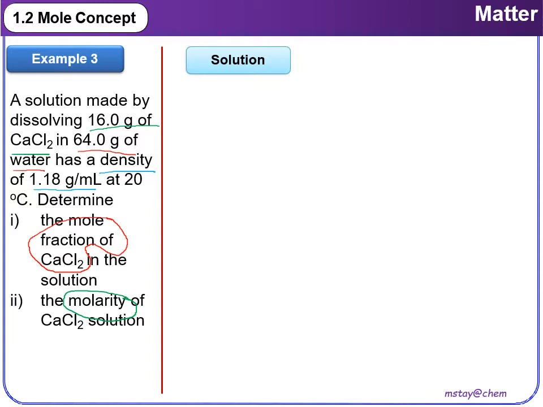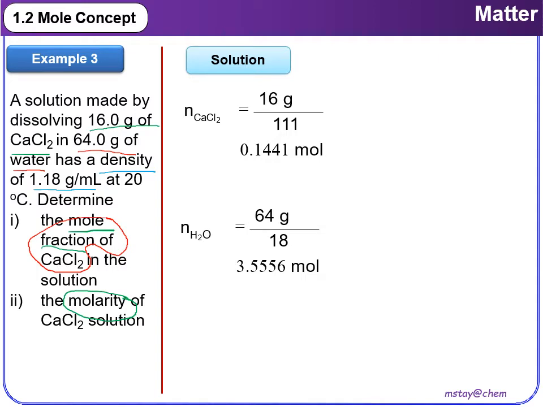Okay, so like just now we said, based on the term mole fraction, we already have the idea that we need to find out the mole of water and also the mole of calcium chloride, which are respectively 0.1441 for calcium chloride and 3.5556 for water. Please do remark, always keep your answer in 4 decimal places.